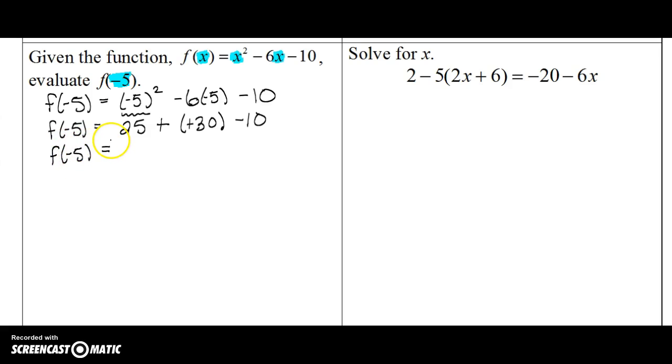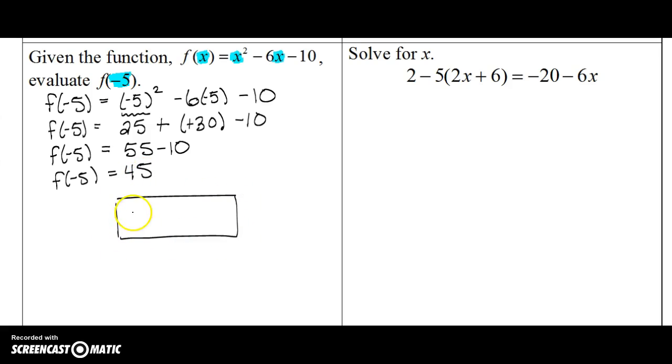F of negative 5 will perform our addition and subtraction in order from left to right. And our final answer is 45. Don't forget, your final answer must be a complete sentence. F of negative 5 is 45.